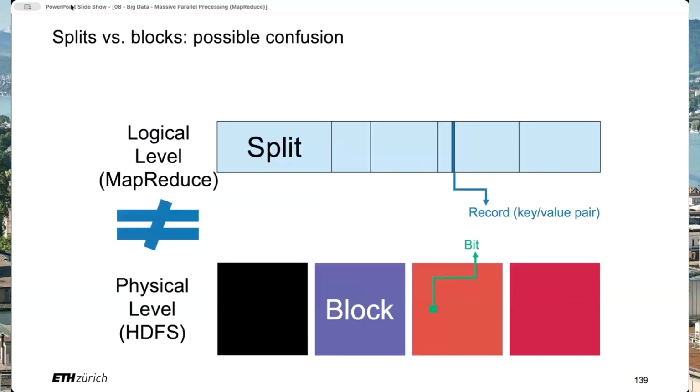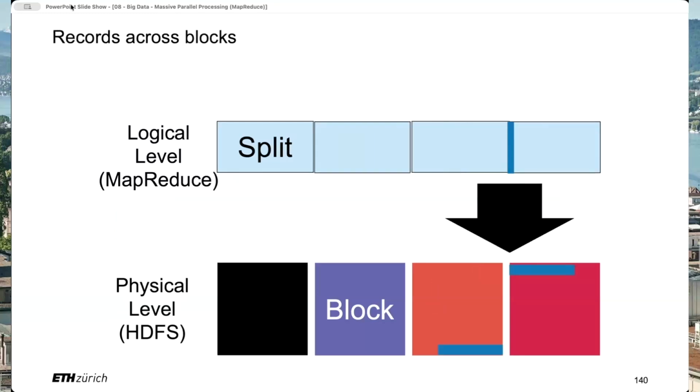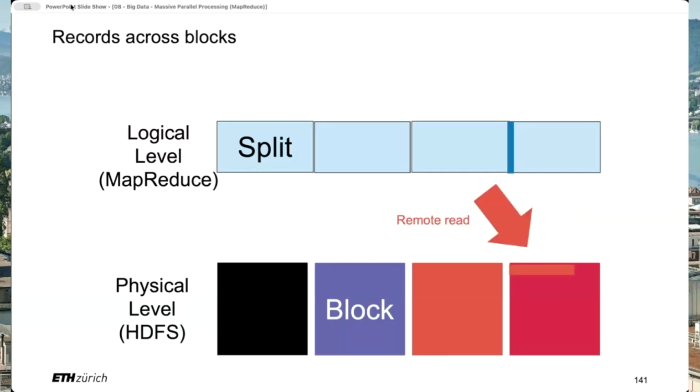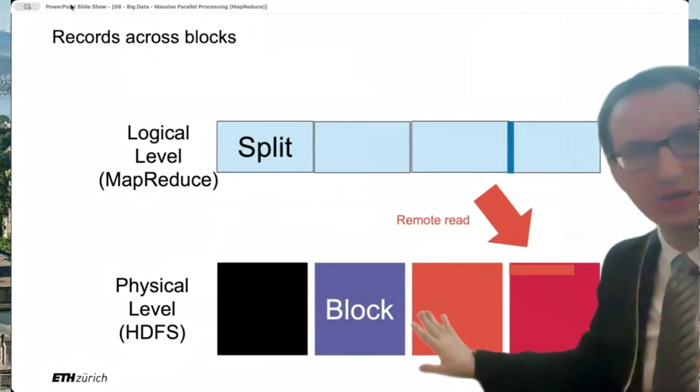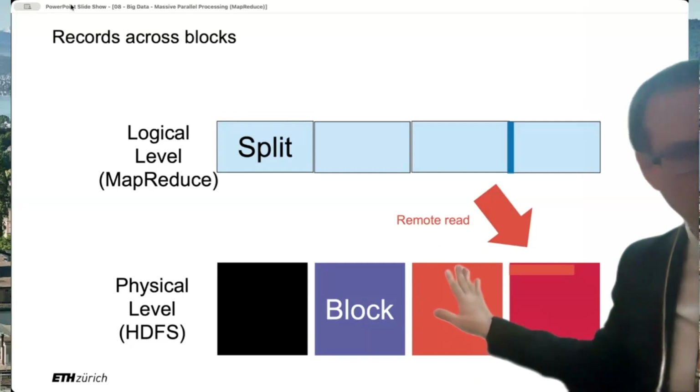So in reality, because the HDFS blocks are based on bits and the MapReduce splits are based on key value pairs, there is an impedance mismatch because of that last key value in the block that might go over two of them. So it's not exact, this correspondence between the logical splits and the physical blocks. It means that when we process a block in MapReduce, typically the execution of the map function is going to be on the same machine on which there is a replica of the block, so it's a local read.